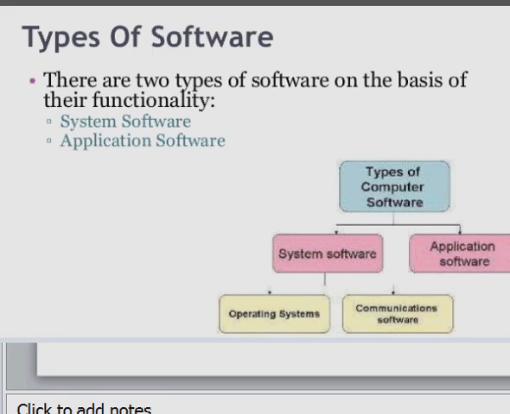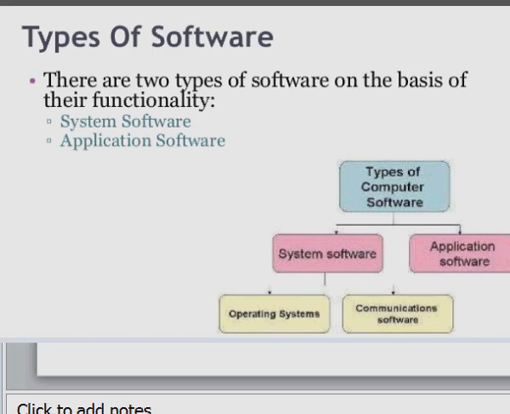We cannot make our interventions in between the working of that kind of software. So system software is only used by a system. And the next one is application software.